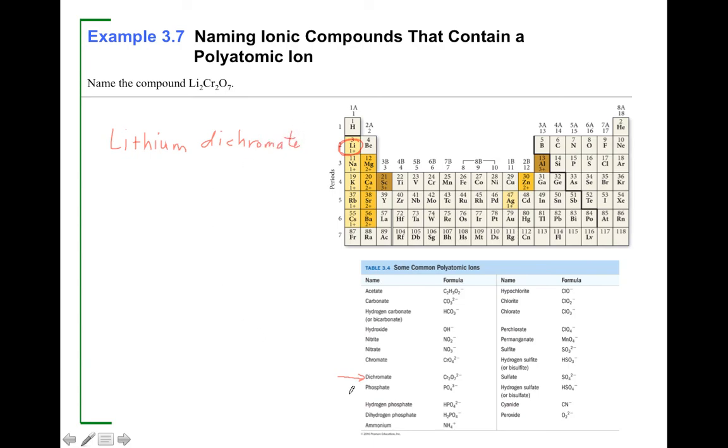What's the charge on dichromate? 2 minus? And what's the charge in this? This is 2 minus. And what's the charge in lithium? Plus, but there's 2 of them, right? So these things match. Dichromate is Cr2O7 2 minus, and lithium is plus, and so there's got to be 2 of those. All right, so lithium dichromate is the name of that compound.